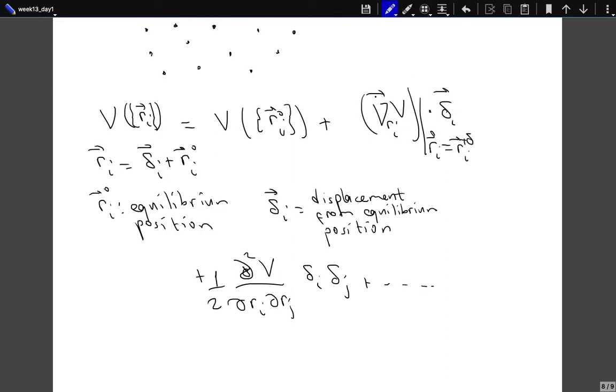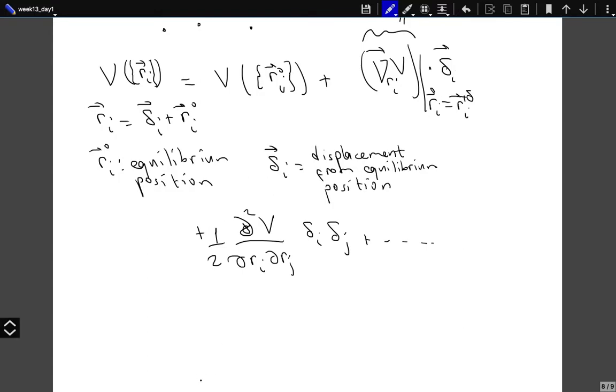Well, you see, this first derivative is nothing but the force acting on the atoms when they are in equilibrium position. But the equilibrium position itself is defined as when the force acting on each one of the atoms is 0. So this is 0, and we end up having a potential that is quadratic in the coordinates.